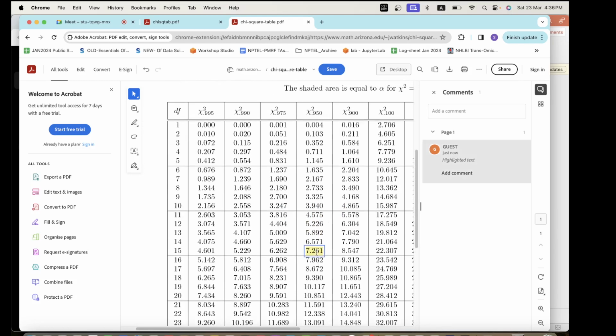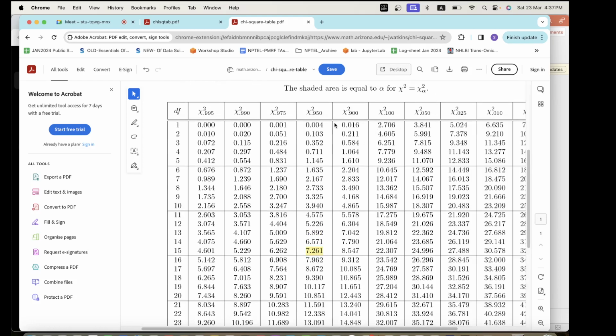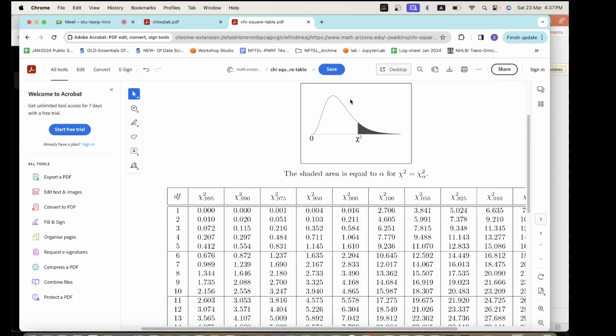So what this table is essentially giving me is this shaded area, right? The elements in these tables represent those points, and the shaded area is represented by these chi-square points.